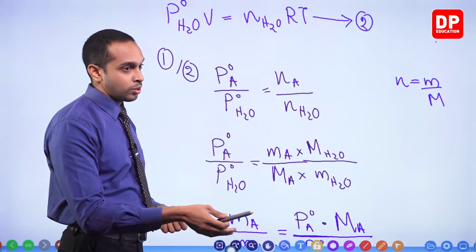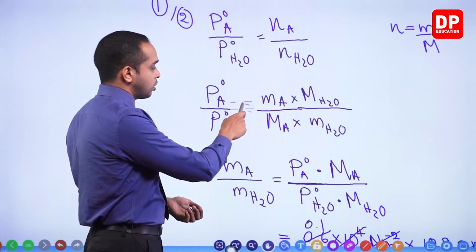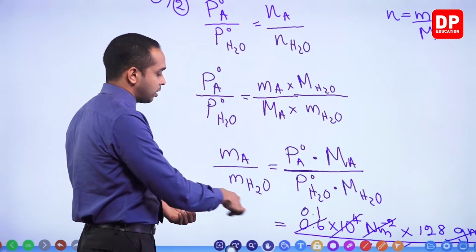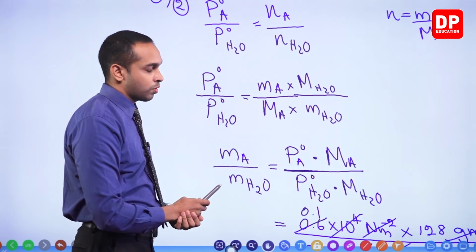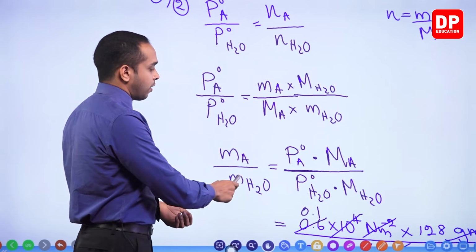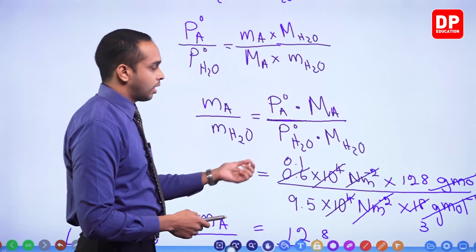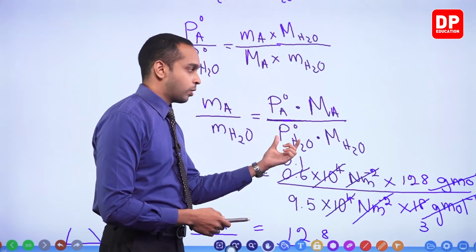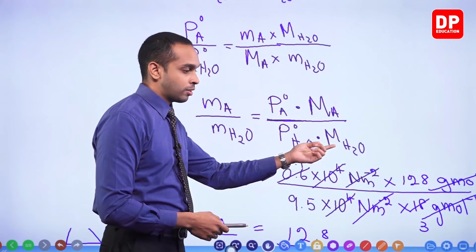If you know the molar ratio, you can get to their mass ratio. So since we know the molar ratio, we isolated its mass ratio using the information at hand. We knew the partial pressure of naphthalene as well as the saturated vapor pressure of water, and we know the molar mass of naphthalene and the molar mass of water.